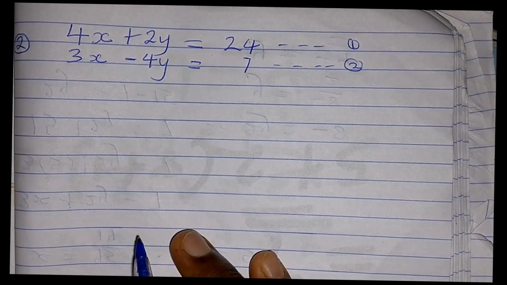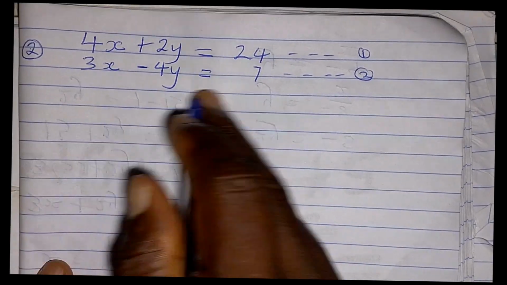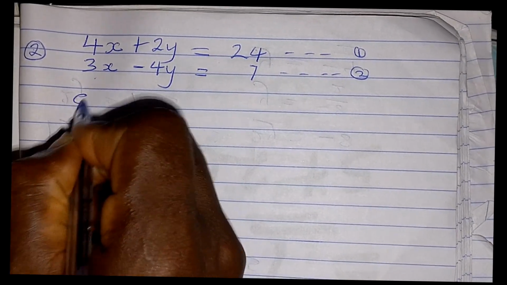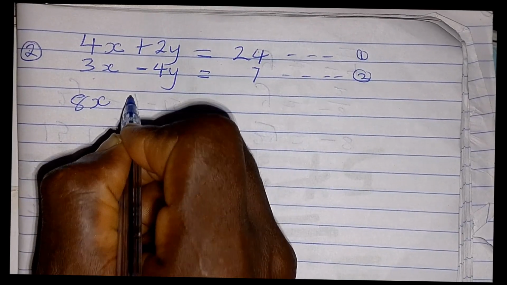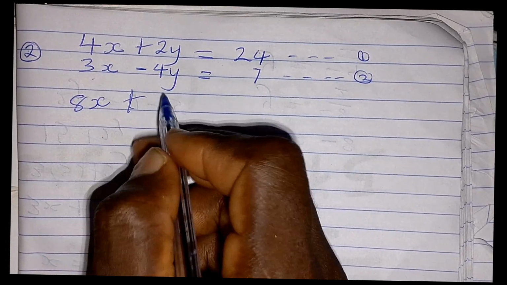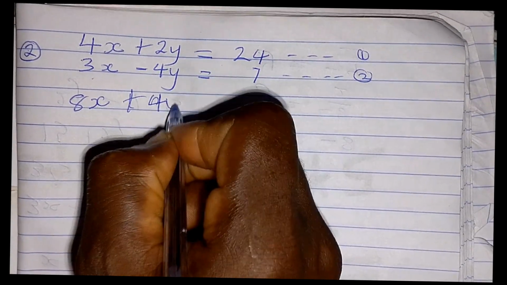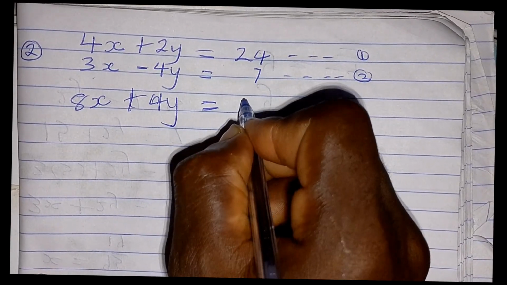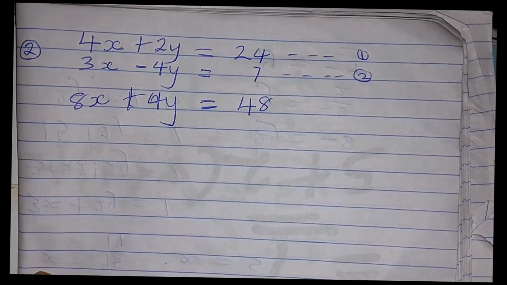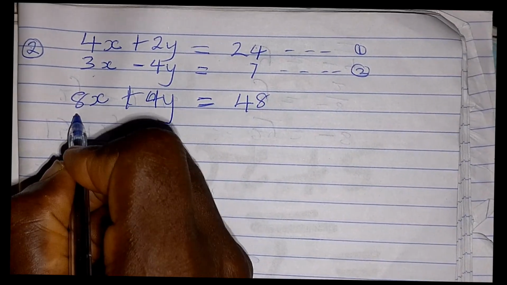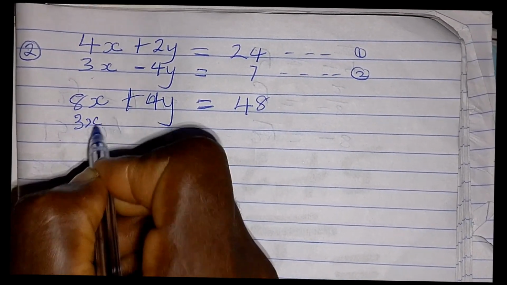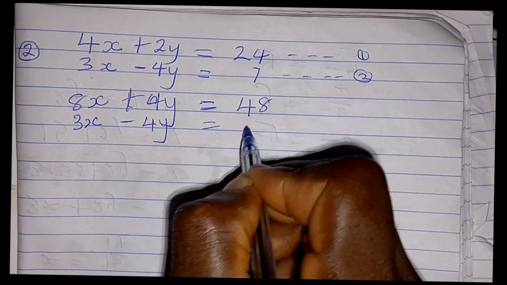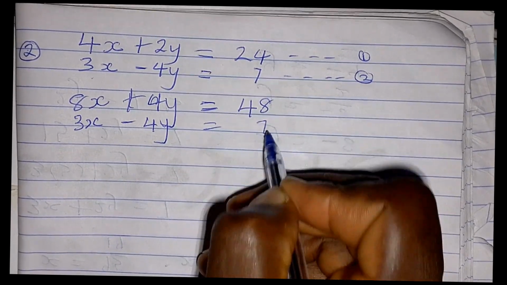All right, so multiplying by 2, we have 2 times 4x will give us 8x plus 2 times 2y is 4y equals 2 times 24, which is 48. Then we bring down equation 2 so as to add to eliminate. That equals 7.